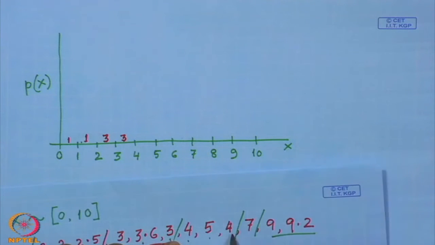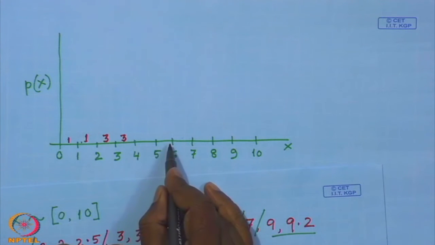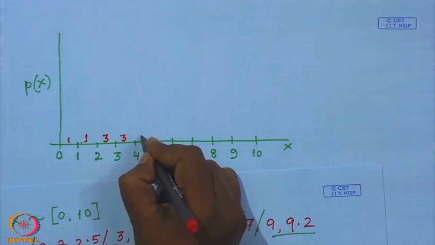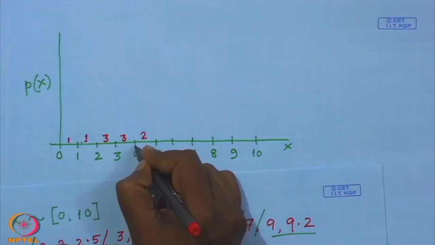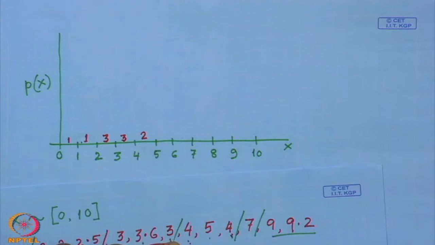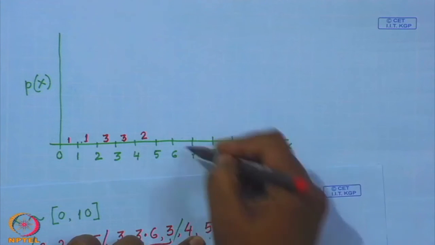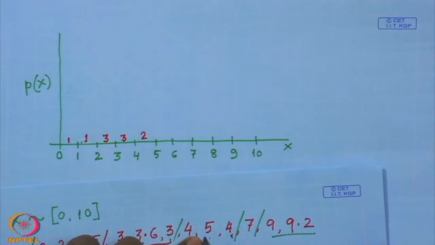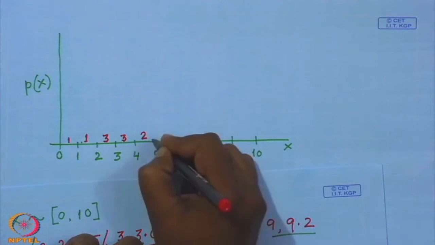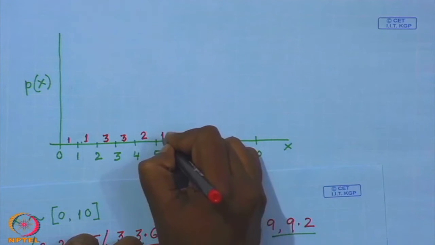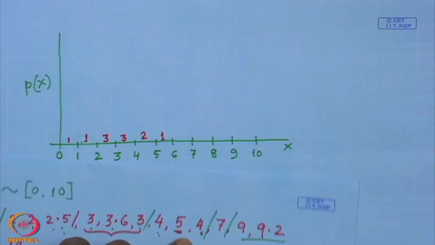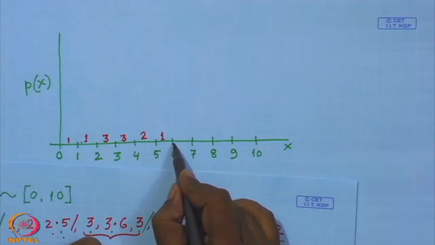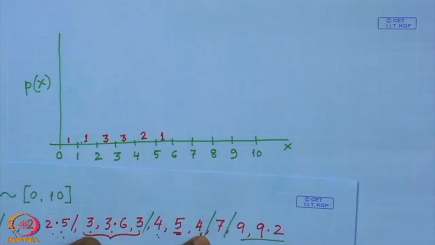Then 4 and 4, these are the 2 samples which fall in this bin; 5 goes to the next bin. So, the number of samples in the bin having bin boundaries 4 and 5 is equal to 2, whereas the bin having bin boundaries 5 and 6 contains the sample value of 5. So, this contains only one sample. The bin having bin boundaries 6 and 7, you find that no sample is falling in that particular bin.